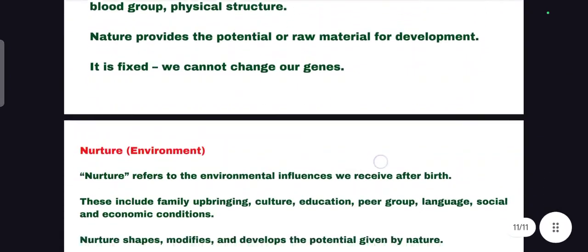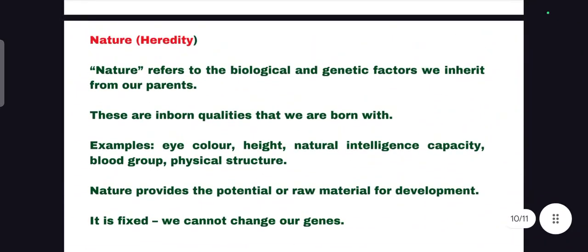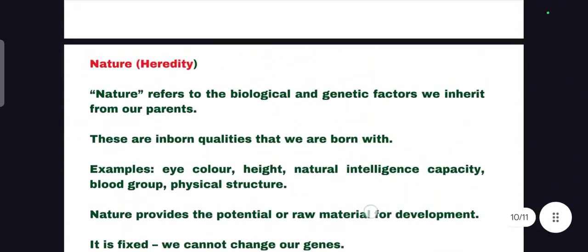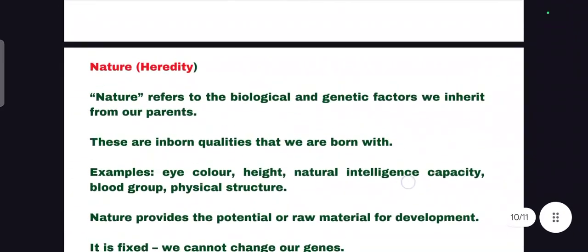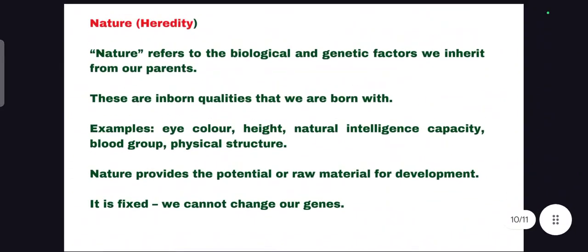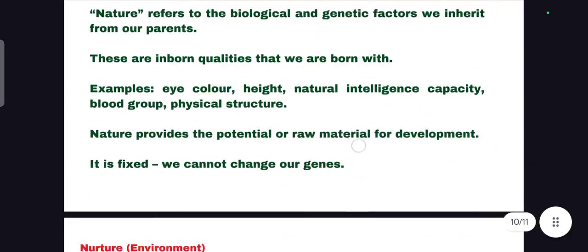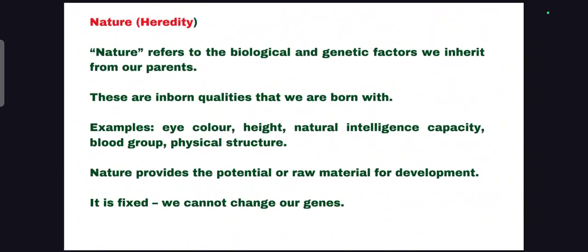So these are the two important areas in this chapter, that is the difference between nature and nurture. Most of the students get confused after seeing these terms. Nature means heredity, not environment. Commonly the meaning of nature is environment, but here nature is the opposite of environment, that is heredity.